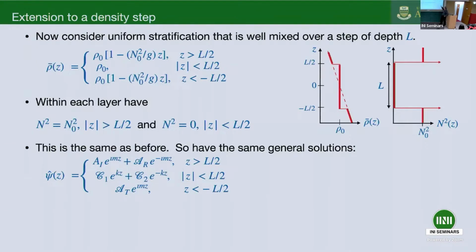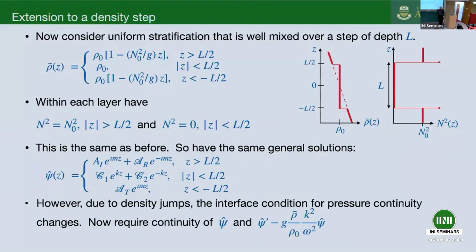The corresponding n squared is exactly the same, except that, in effect, at the interfaces, n squared becomes infinite, because you have an infinitesimal jump in density. But that's all right. We can still do this in a piecewise way, because n squared is exactly the same within each of the layers. I have the exact same functions for the vertical structure. What changes is the matching conditions at the interface.